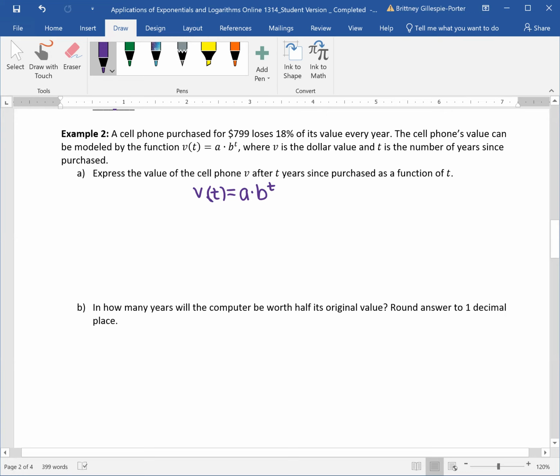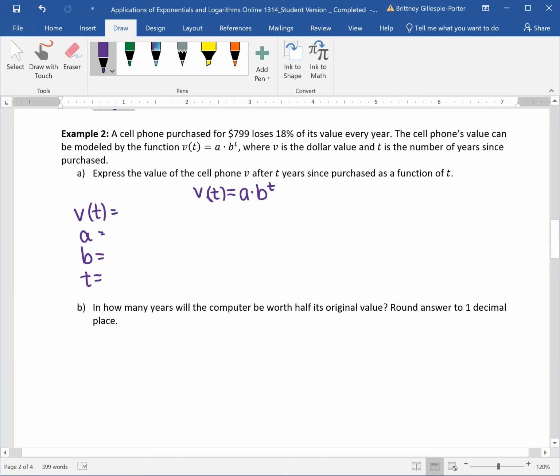Part A, express the value of the cell phone v after t years since purchased as a function of t. I know that totally sounded either Greek or like I was Charlie Brown's teacher going want, want, want, want. So let's do what we did last time. Let's go ahead and label our variables off to the side, A, B, and T.